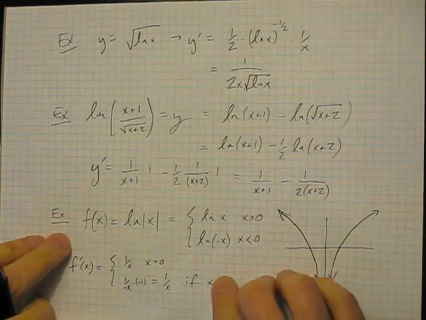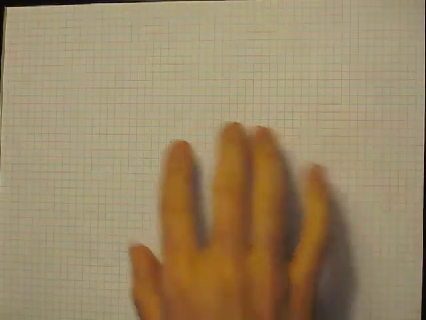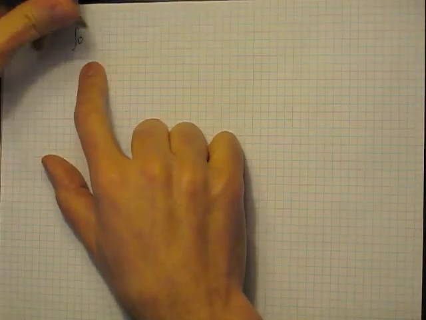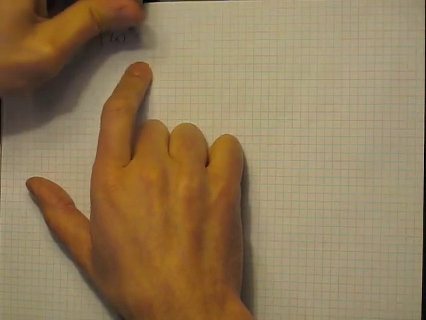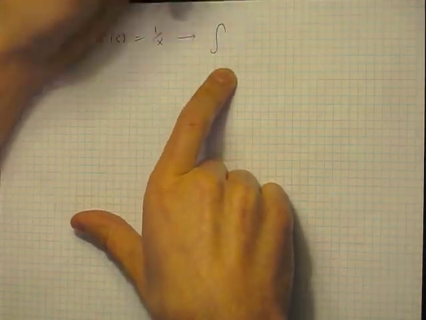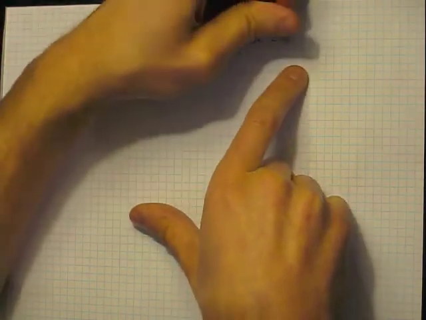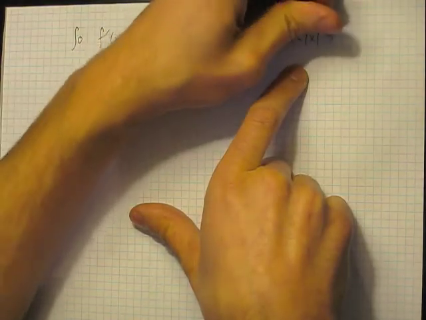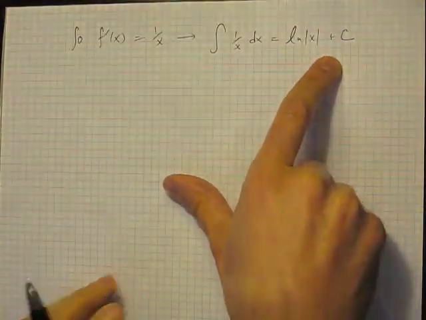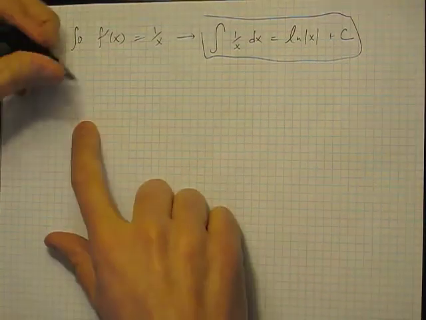So that tells us the following piece of information. f prime of x is equal to 1 over x, which means that if you wanted to integrate 1 over x, then this is equal to the natural log of the absolute value of x plus c.